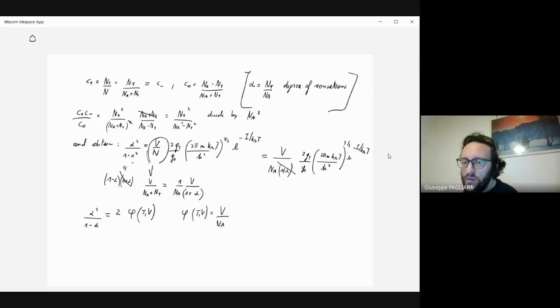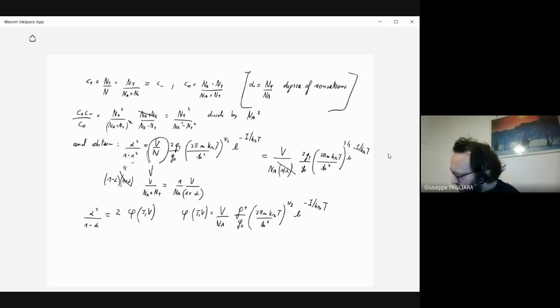So this quantity contains just the part related to the atoms. So it's the ratio between the total volume and the number of atoms, the ratio between the degeneracy of g_+ and g_0, and the temperature part. So (2πm k_BT / h²)^(3/2), and the exponential of minus I divided by k_BT. Okay?